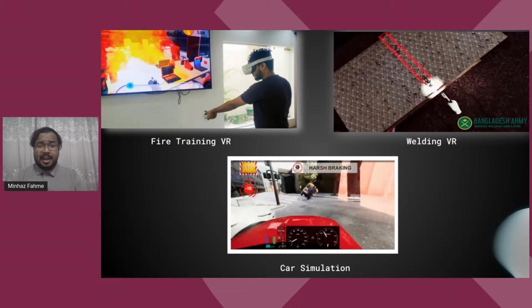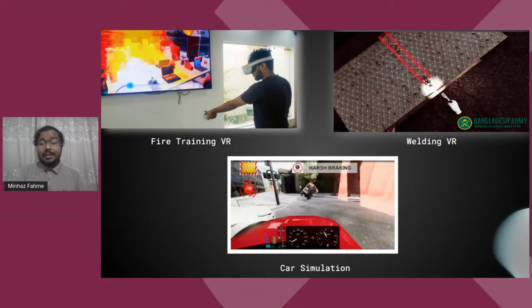When a big fire happened in our capital, people became aware of it. Then we made one fire safety training, and our big corporations took it as a safety protocol for their employees to teach them how to tackle fire in their own building, through a VR application, because you cannot put your building on fire to teach them, right?